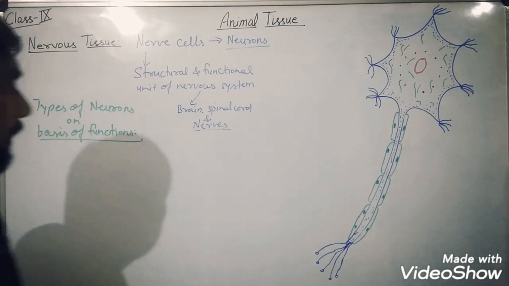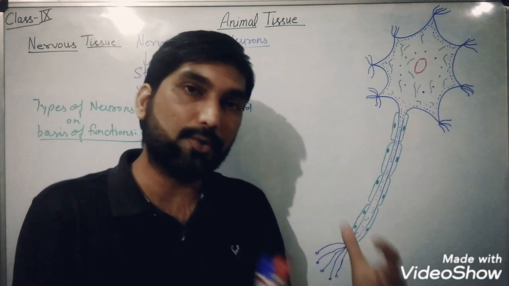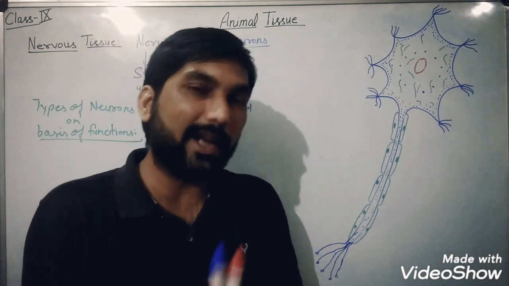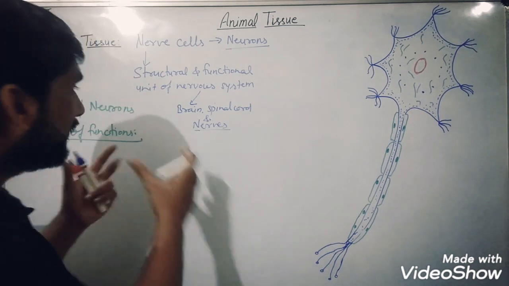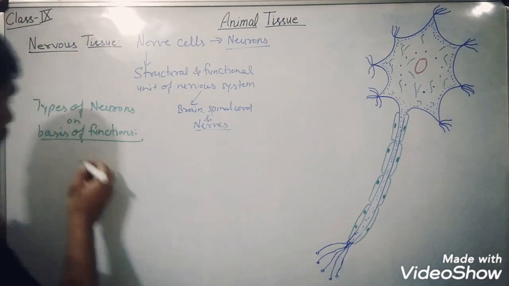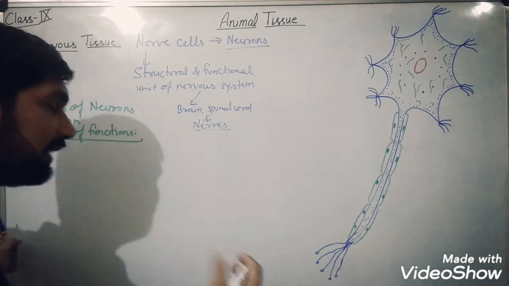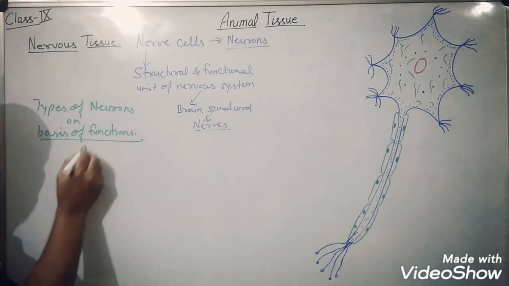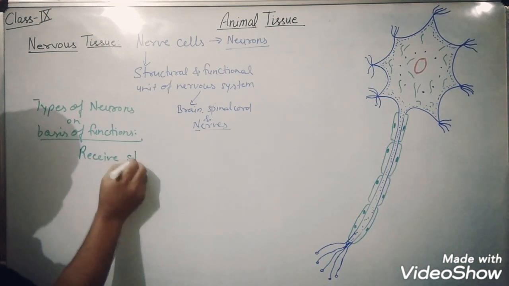When we talk about the functions of neurons, since our brain controls and coordinates all the activities of the body organs, these nerves sense, or we can also say receive, the stimuli.